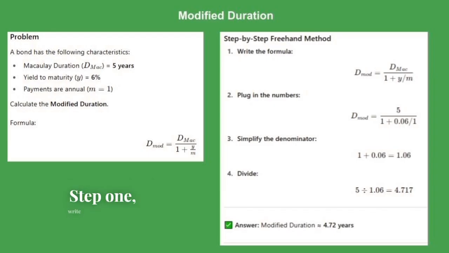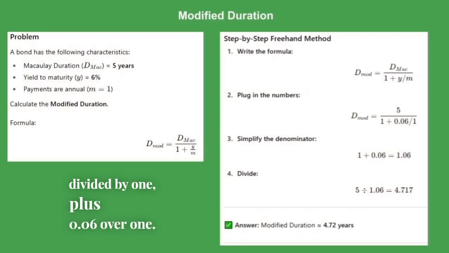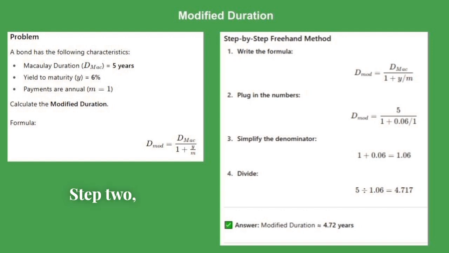Step 1. Write the formula with the numbers. Modified duration equals 5 divided by 1 plus 0.06 over 1. Step 2. Simplify the denominator. 0.06 over 1 equals 0.06. 1 plus 0.06 equals 1.06. Step 3.